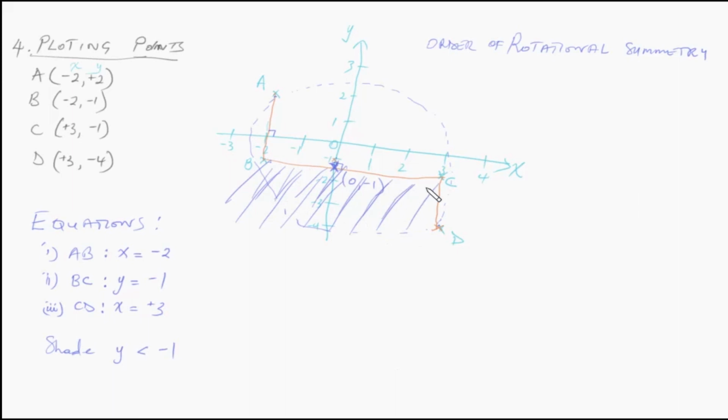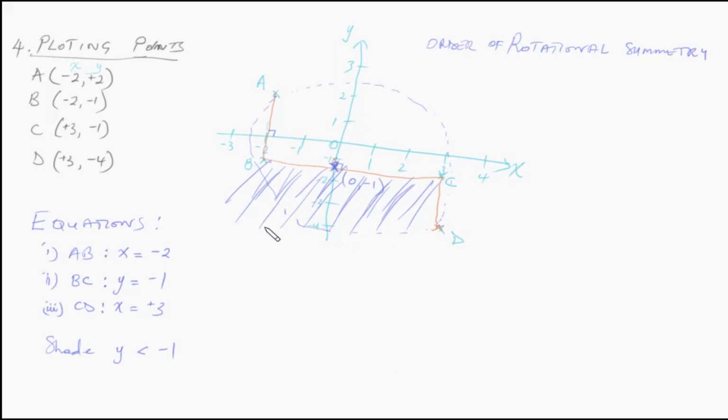The y values in this region are less than -1. Remember that if -1 is here, 0 is greater than -1, 1 is greater than -1, but -2 is less than -1. So anything below -1 here is less than -1.